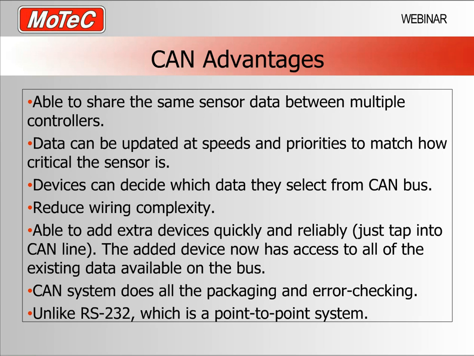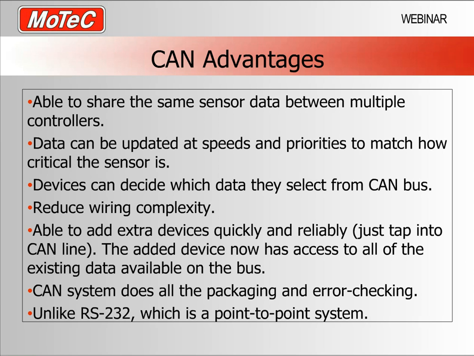You may be familiar with RS-232, which is a very common serial communication system that predates CAN by many years. Now, RS-232 is not a multi-drop system, and what that means is that there's a specific transmitter and a specific receiver, and that's what we call a point-to-point system. So, for example, if we need to connect multiple devices together to one ECU, we would need a separate RS-232 port for each of those devices.